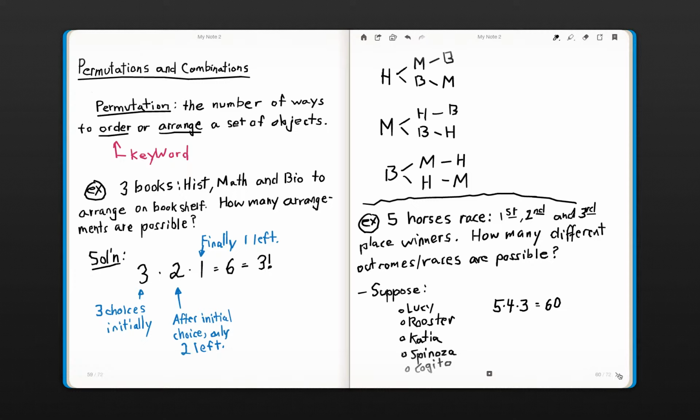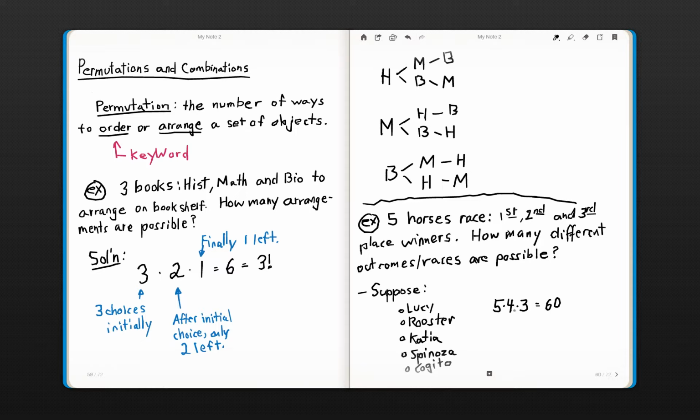And just to give you a little bit of foreshadowing, you know that when we counted back here the total number of outcomes possible, in the sense that we did care about first, second, or third prize, what we're going to do is take out, so to speak, or divide by the number of different ways that you can actually order the 3 horses that could win first, second, and third prize.